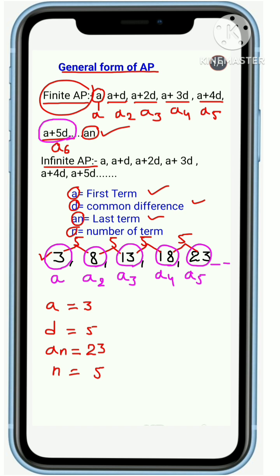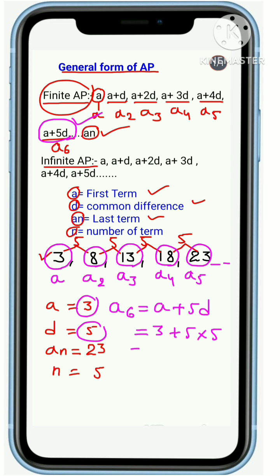By using this form, we can easily find its sixth term, right? For example, A6, that is sixth term. If you have to find, then we can use A plus 5D, okay? And here A equal to, we have 3 plus 5 into D equal to, we have 5.